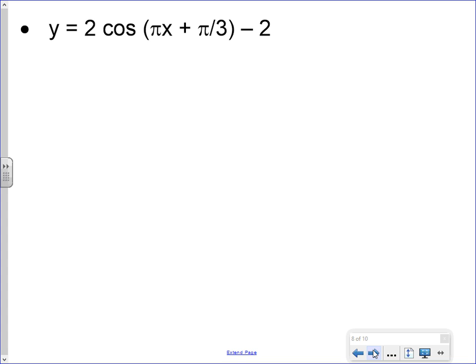Okay, work together on amplitude, period, and starting point. Or find it and compare, however you choose.